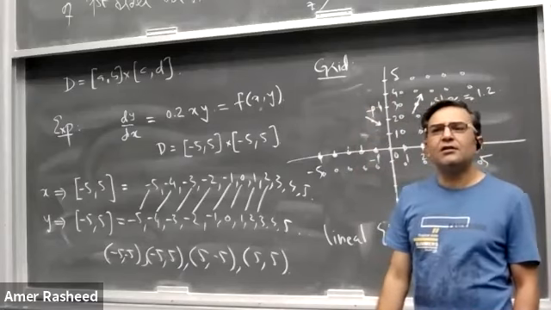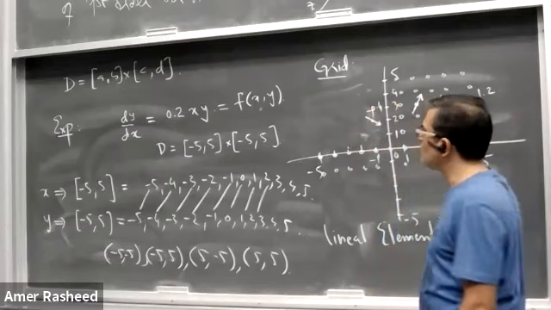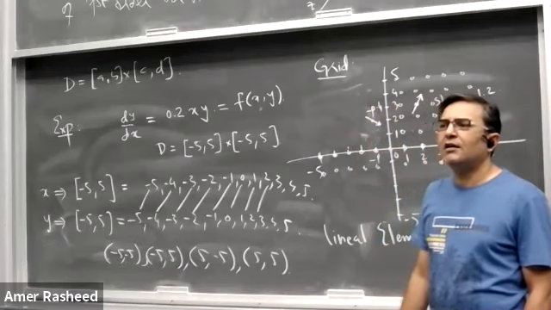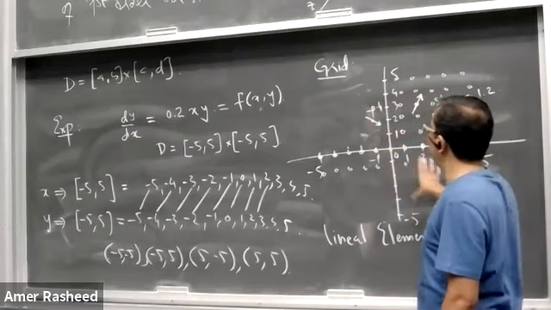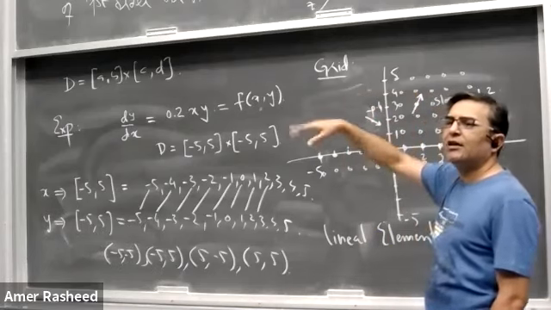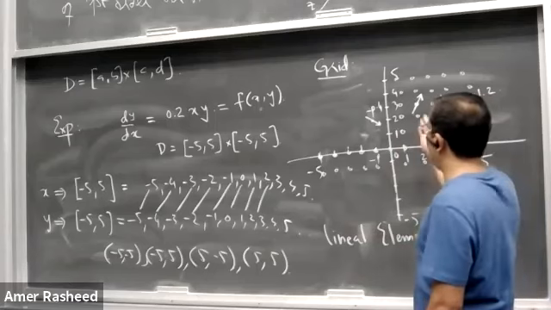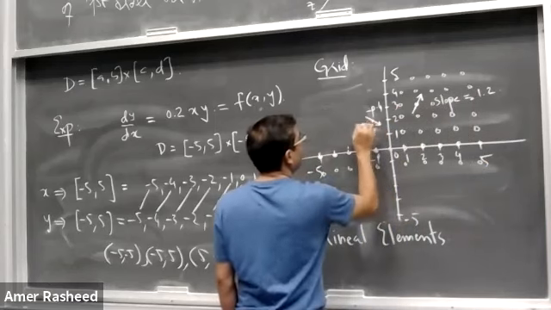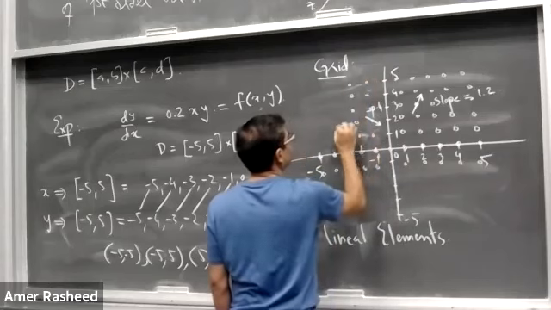How many will these be in total? 25, 25, 25, 100 and then 5, 5, 5, 5, 20, 21. So it's 11 squared, 121 points. So you divide all this domain into points, okay.